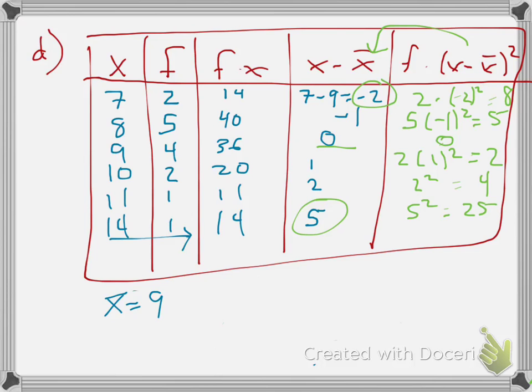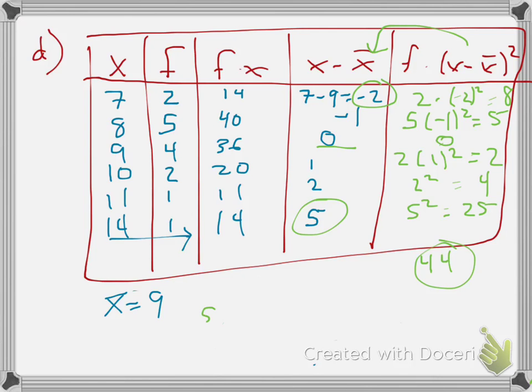So now I can add all these together. 8 plus 5 plus 2 is 15. 19 plus 25 is going to give us 44. Okay, this value here, you did all the hard work to get this number.